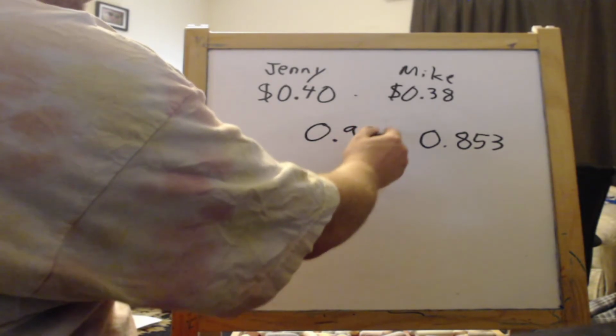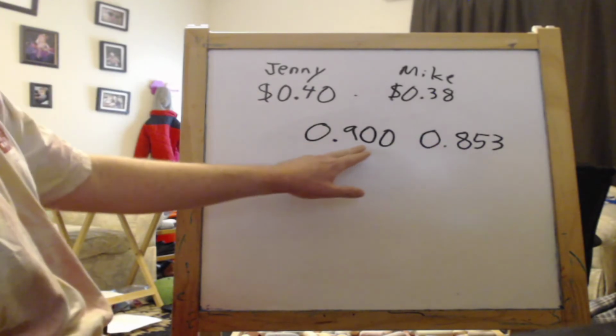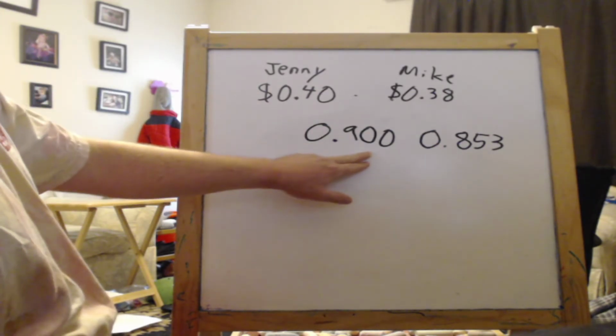So I would add 2 zeros to make it have the same amount of decimals, right?